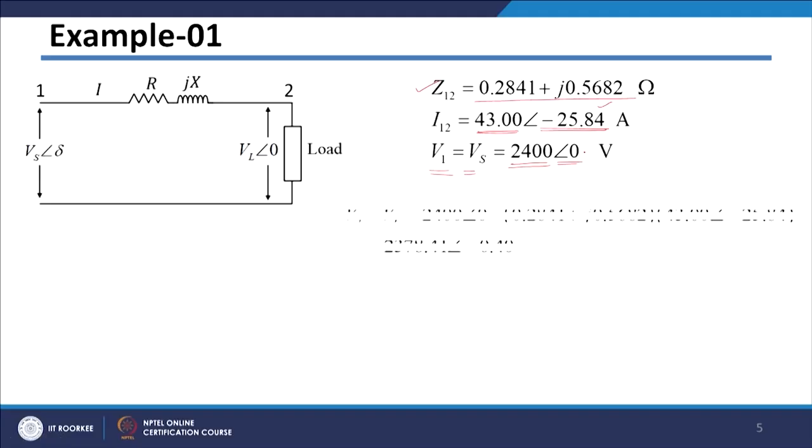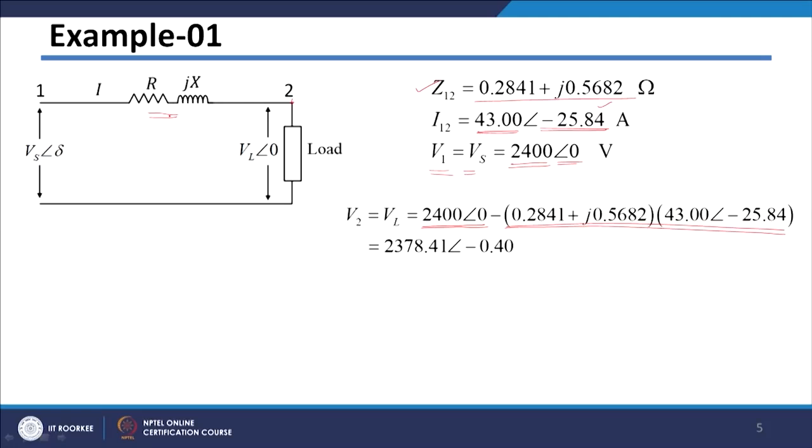So, if you calculate VL, that is the voltage at terminal 2, it will be 2400, which is the voltage at the primary end, minus the voltage drop across your feeder section, which is your impedance multiplied by current, so Z multiplied by I. If you calculate the exact drop, the voltage at the secondary terminal, that is V2, is 2378.41 with a very negligibly small angle delta.